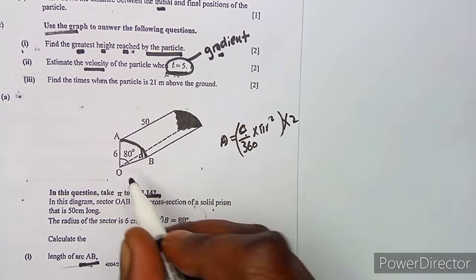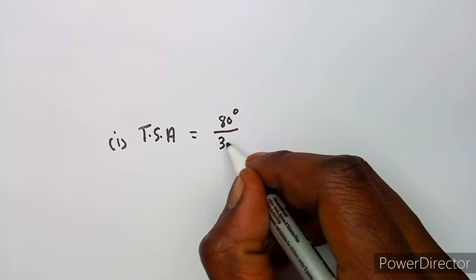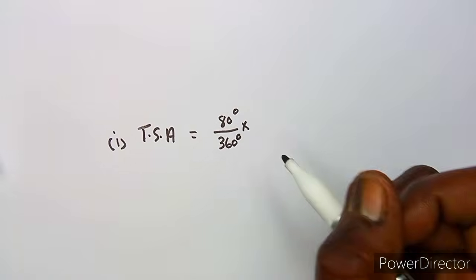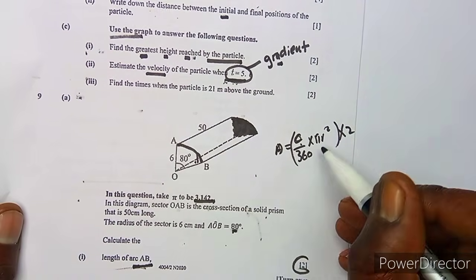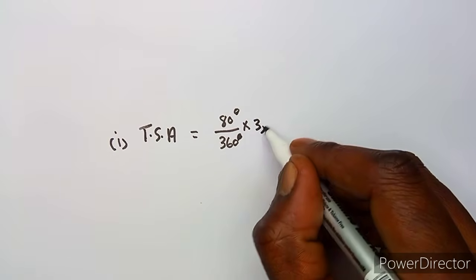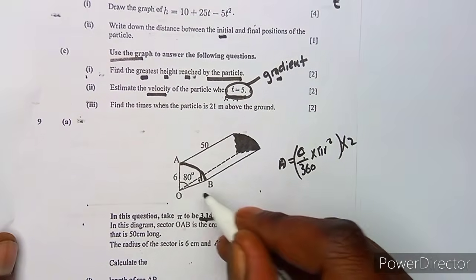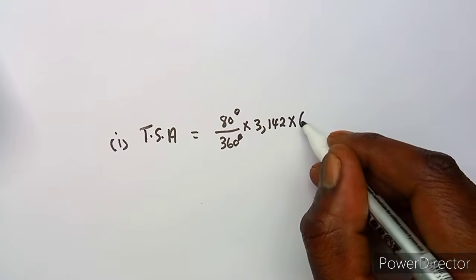So that's what you're going to do: 80 degrees over 360 degrees multiplied by pi r squared, which is pi 3.142, remember the pi that you're given, times r squared, which is 6 squared.